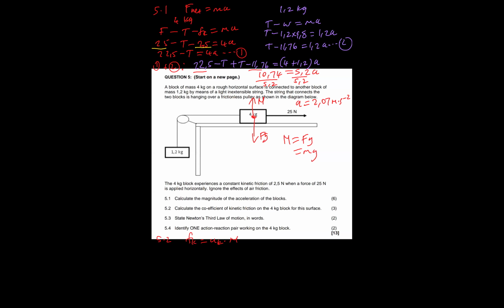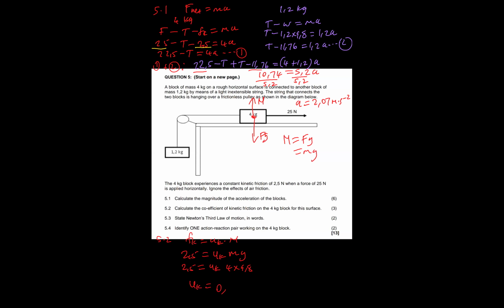Now we need the coefficient of friction. We are given the kinetic frictional force of 2.5. So we need mu k. This one is mg, right? What is the mass? It is 4 times 9.8.